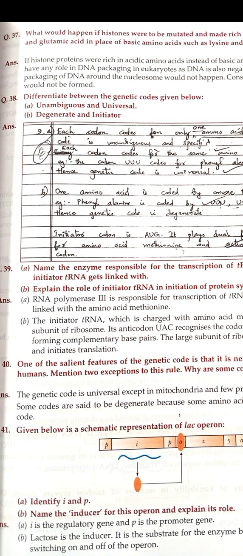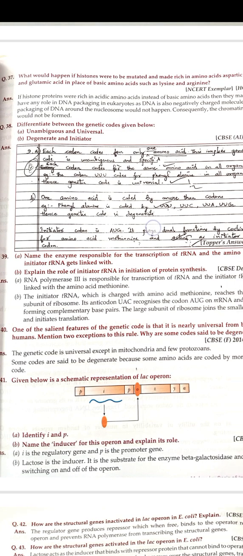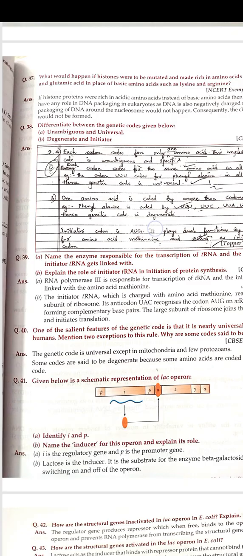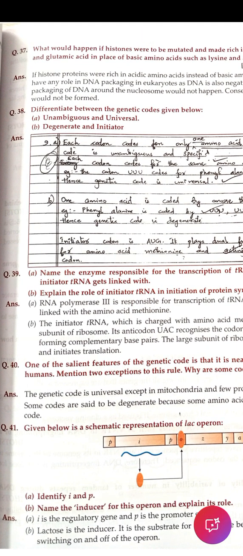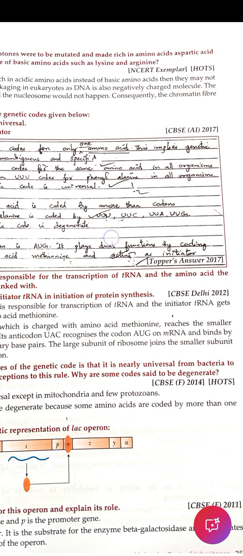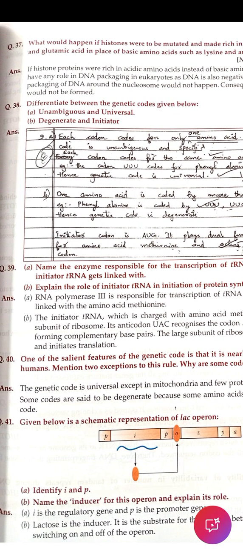So answer is, if histone proteins were rich in acidic amino acids instead of basic amino acid, then they may not have any role in DNA packaging in eukaryotes, as DNA is also negatively charged molecule. The packaging of DNA around the nucleosome would not happen.